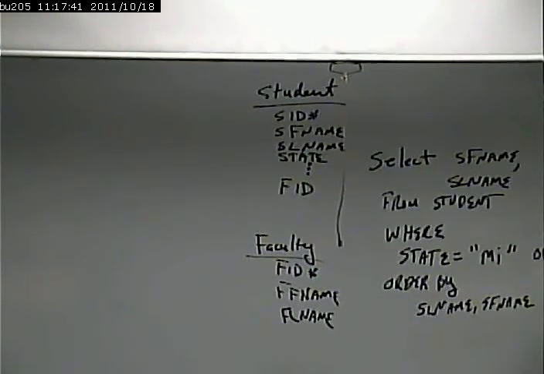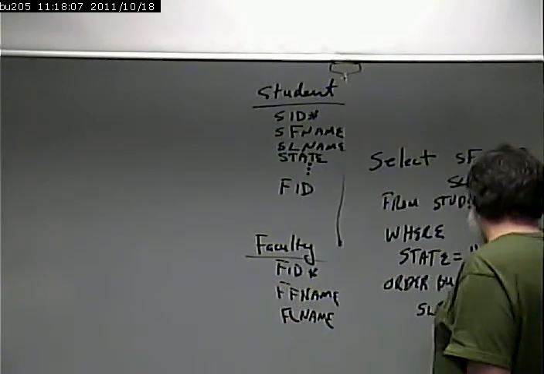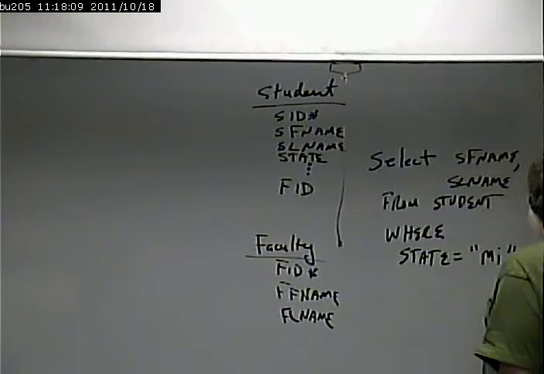Notice that state is not in quotes, whereas MI is in quotes. The column names are not in quotes. The values, like for example, we're actually looking for the letters OH in the state, are in quotes. Let me write it this way so the camera gets it.